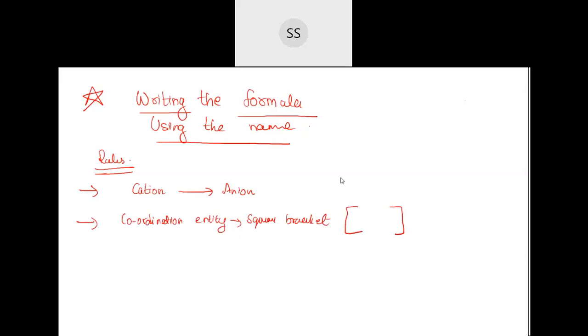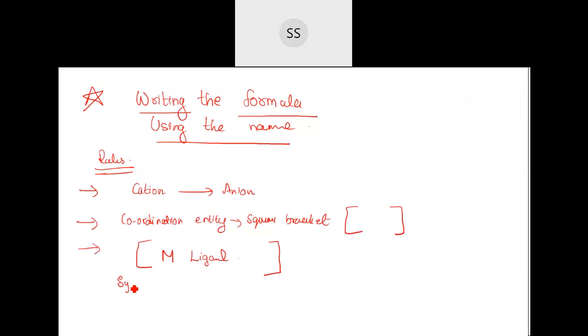So remember, you have to write this cationic or anionic complex within the square bracket, whether they are charged or neutral. Even neutral has to be written with the square bracket if they are a coordination entity.